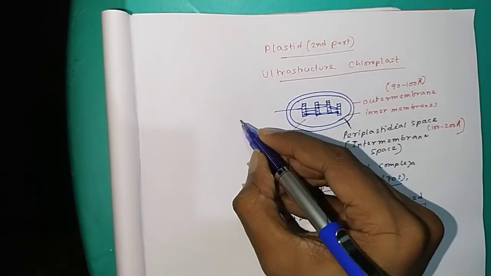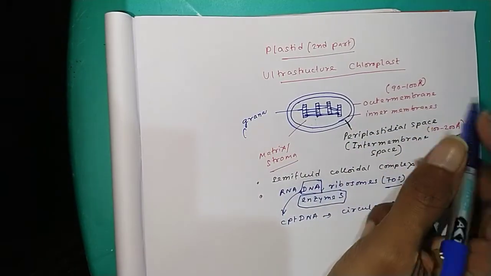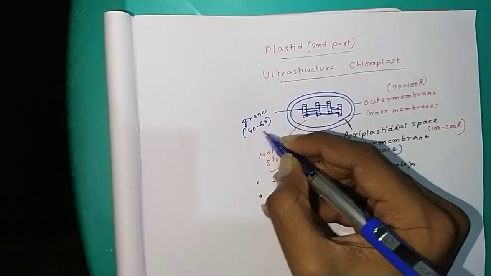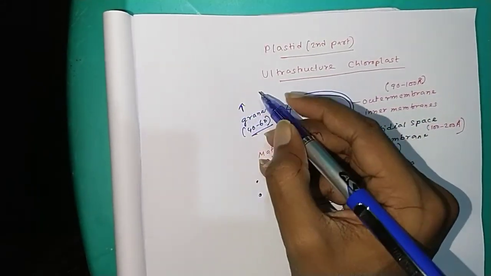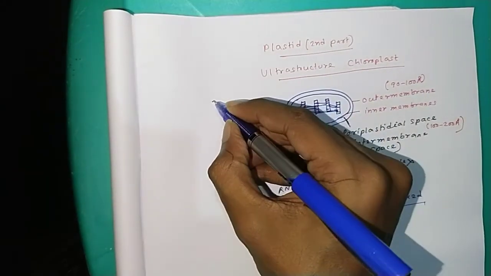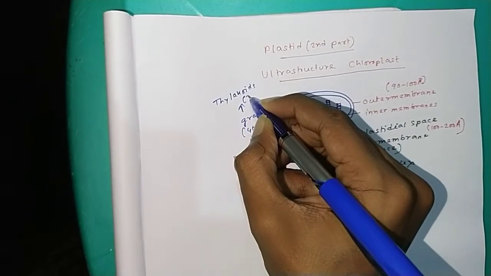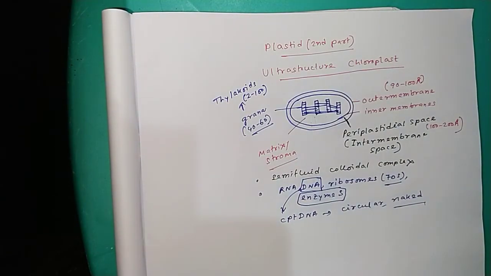So these are called the grana, and per chloroplast we have 40 to 60 grana present, and each grana is made up of 200 thylakoids. So 200 thylakoids are present per grana.